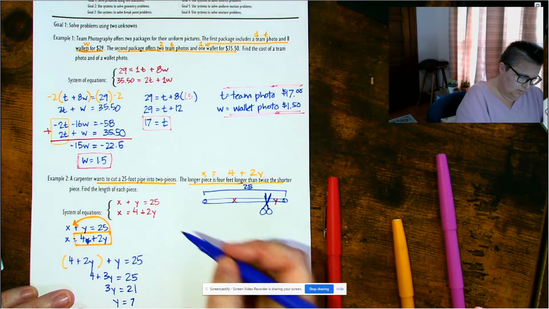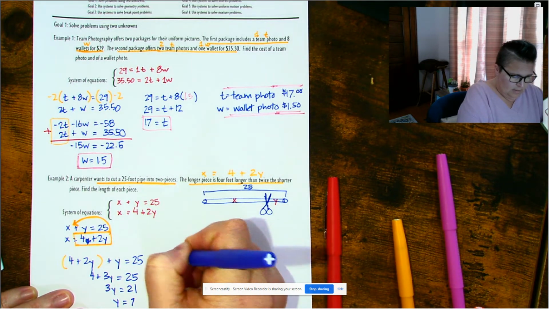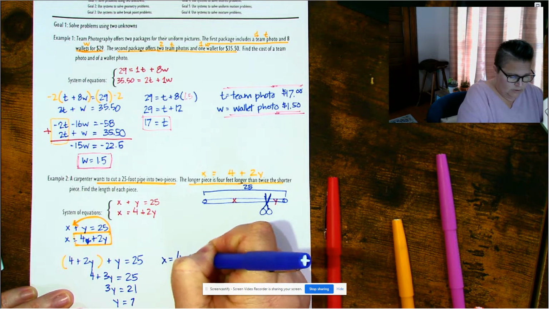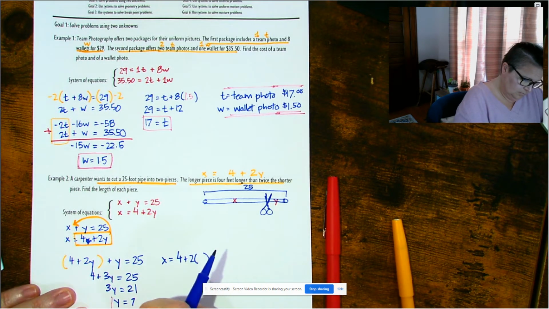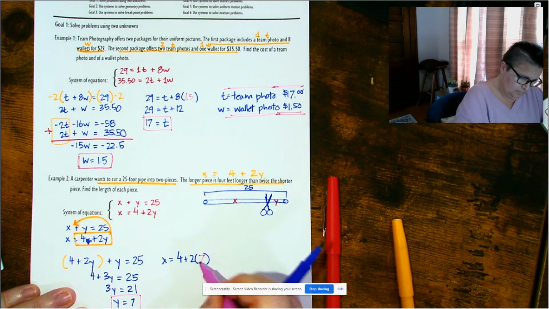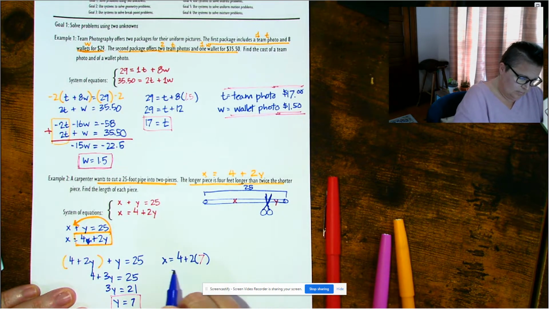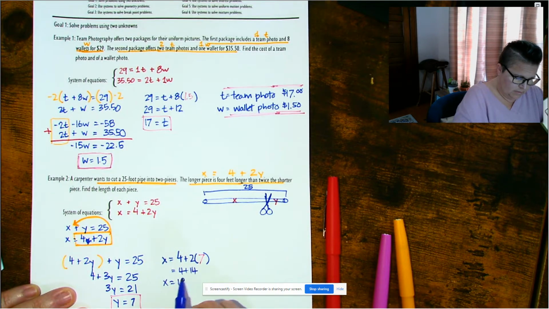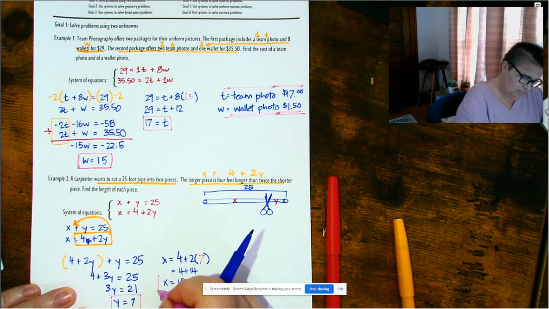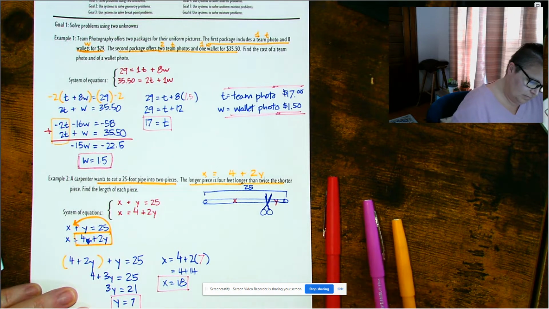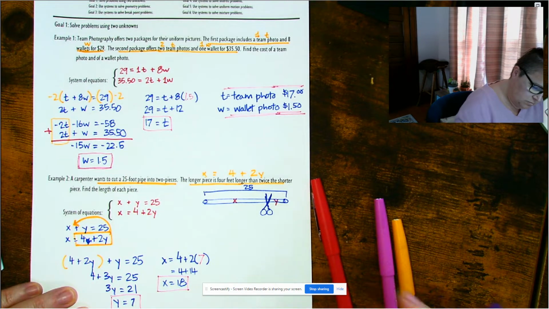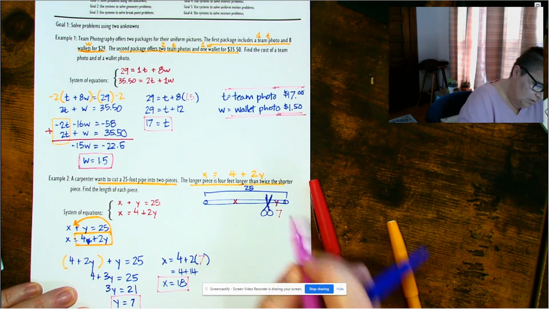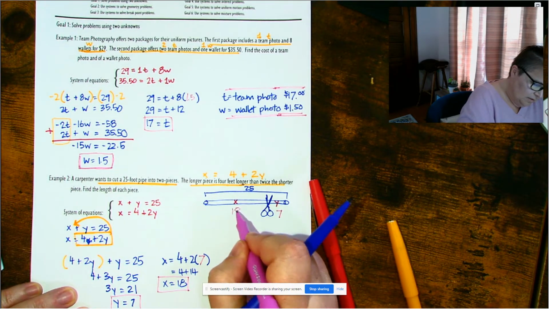If y is equal to 7, then x is equal to 4 plus 2 times that 7. And x would be 4 plus 14, so my x value would be 18. That means that my y value here is 7, and my x value is 18.